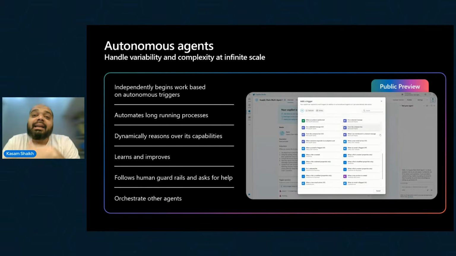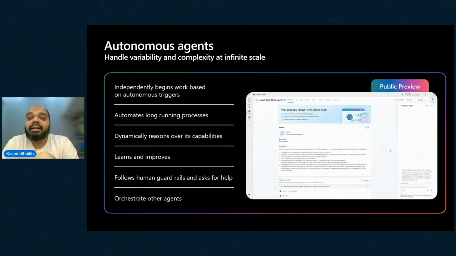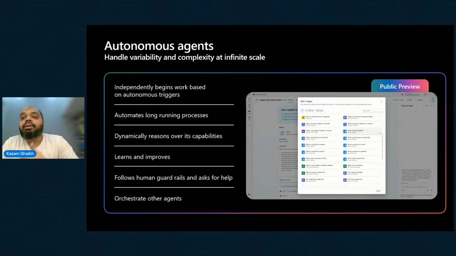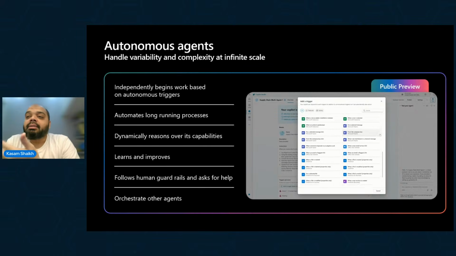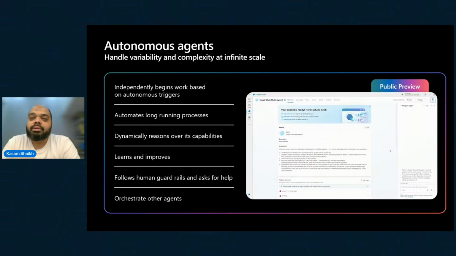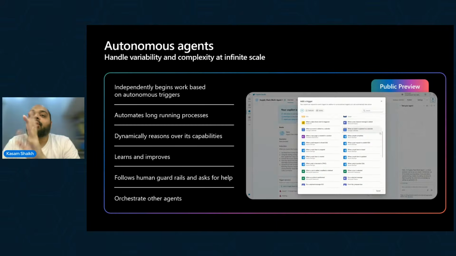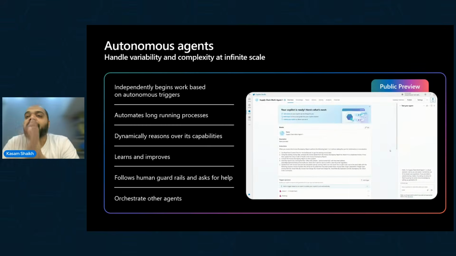And that is exactly what AI really lends itself to: reasoning and deciding across those variables or that variability, and then deciding how it's going to invoke actions or leverage certain knowledge sources. So this is really what autonomous agents bring. It is the ability to do a task that otherwise we couldn't automate in the business, whether it's too costly to build custom programs and implementations, or too costly to build these automations.